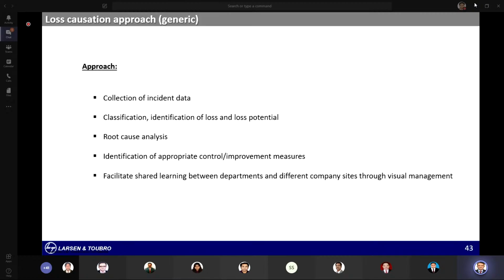Last but not the least, one of the points that we need to emphasize is facilitating shared learning through visual management, which is highly encouraged, because incident reporting is on one side, but how these lessons are being used, how we take advantage of shared learning and make sure that next time this incident does not happen, or the risks are handled in a different way, is something we need to see.